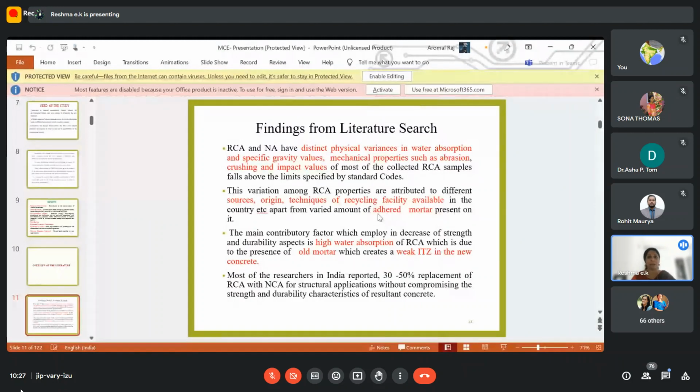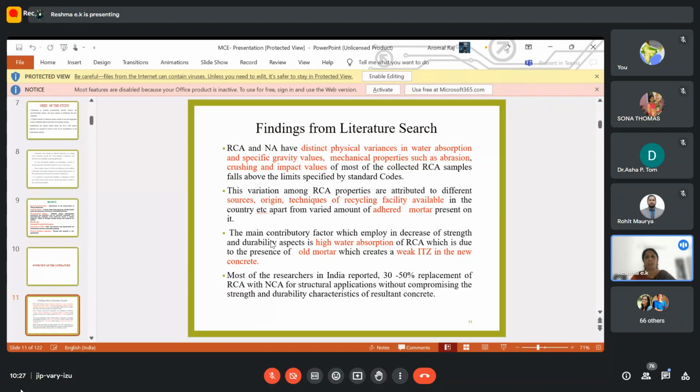Here in Bangalore, I got to know only after 3-4 years of my research that there is a recycling plant at one place in Bangalore. Later, I started getting recycled concrete from that same source. Till then, it was a little difficult for me to find the source, and I found different properties from different sources. So that is one more problem associated with this.